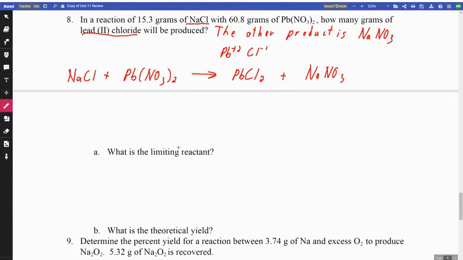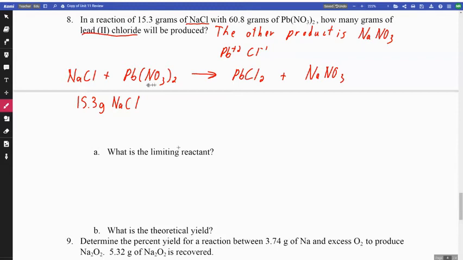Probably need our numbers too. So in that reaction, we have 15.3 grams of NaCl, and we want to find out how many grams of lead 2 chloride are produced. So first, actually, I'm sorry, we need to balance our equation.